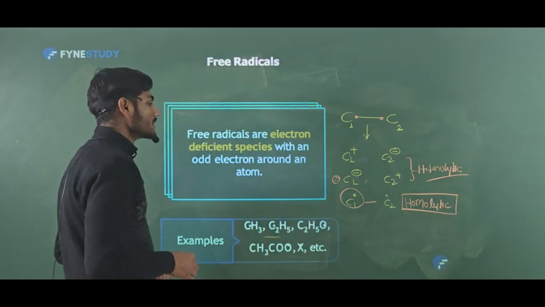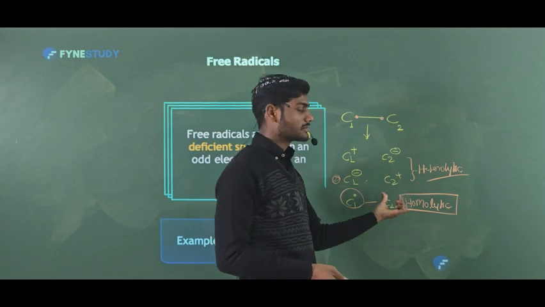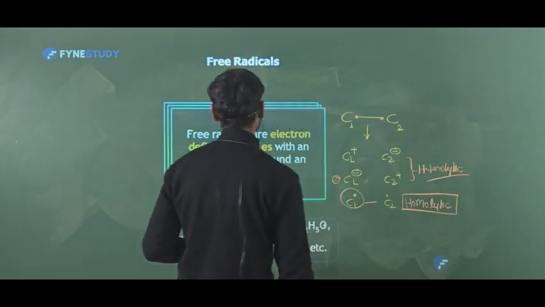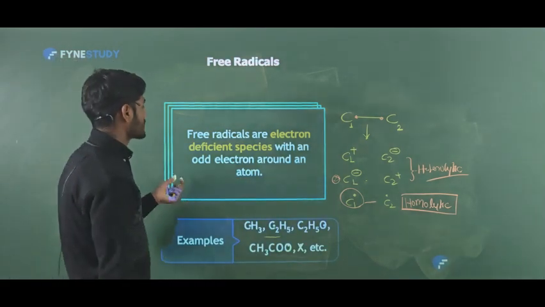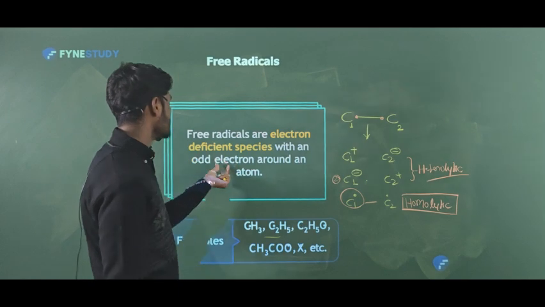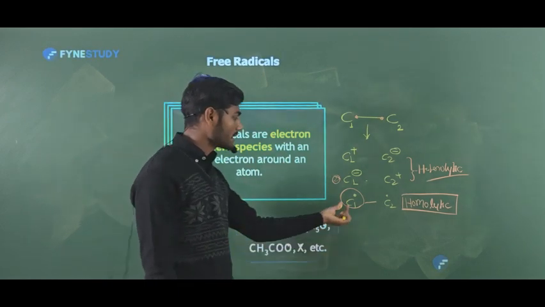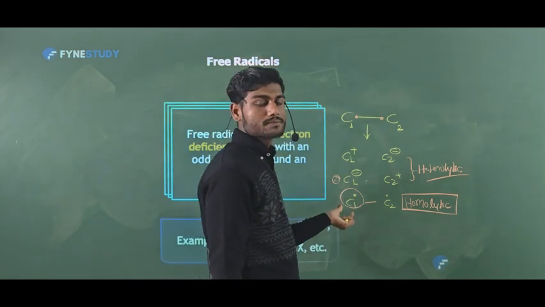Okay, so here the electron that remains with the atom after the homolytic cleavage is known as a free radical. See, free radicals are electron deficient species with an odd electron around an atom. See, here 1 is an odd number, so this one is a free radical.